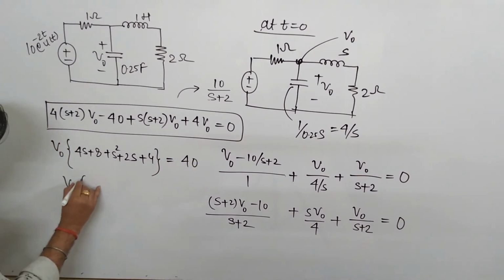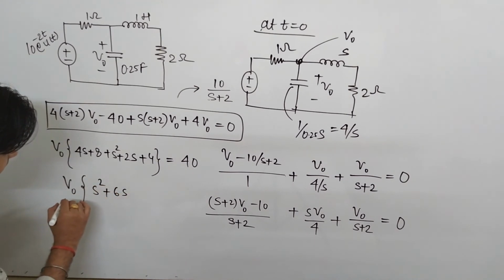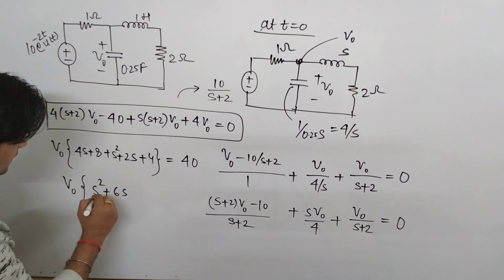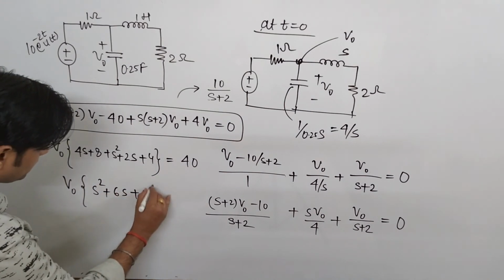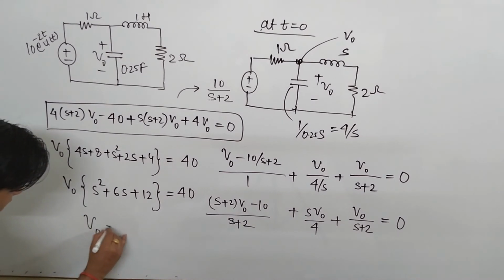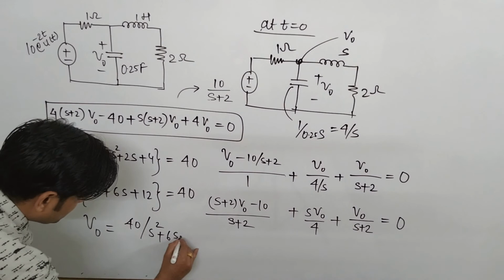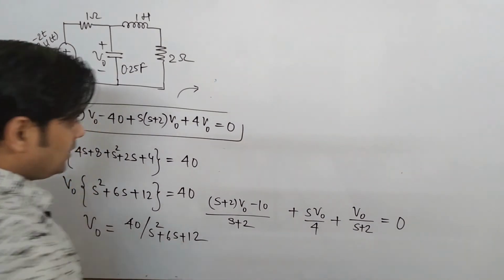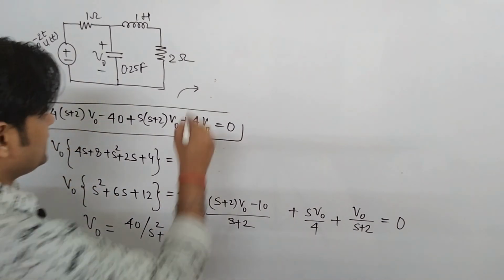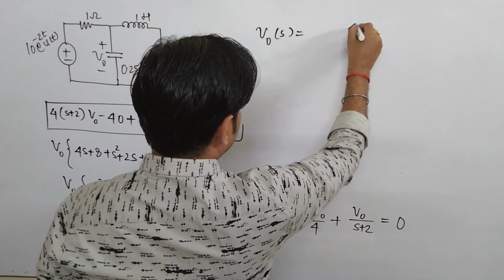If you take this V naught, it is s square plus 6s plus 12, that is equal to 40. Or you can say the value of V naught comes to be 40 upon s square plus 6s plus 12. Now this is simply a mathematical rearrangement. Here you can say V naught s is 40.